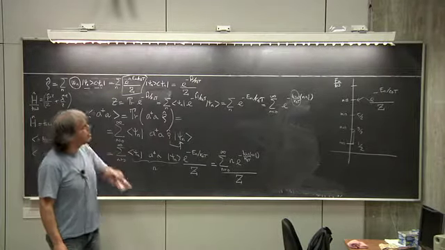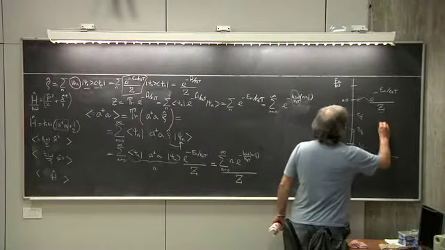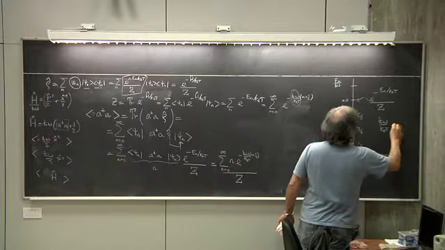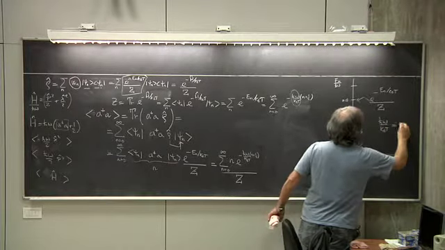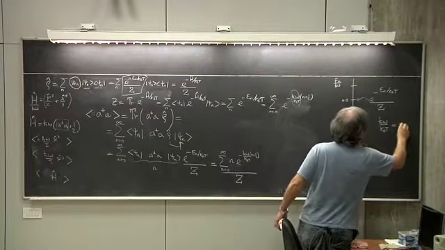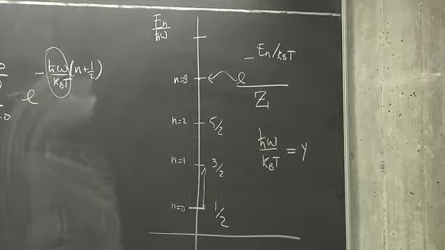And therefore, this is a dimensionless quantity which appears everywhere so often that let us give a name to this. I don't know, y. X is already too ambiguous. Let me call it y, this variable. This is the energy of the quantum of the oscillator in units of kBT.